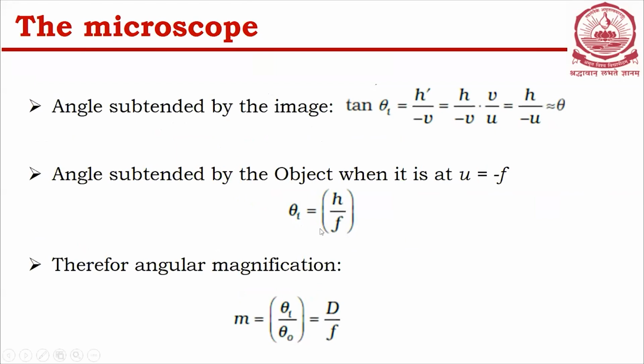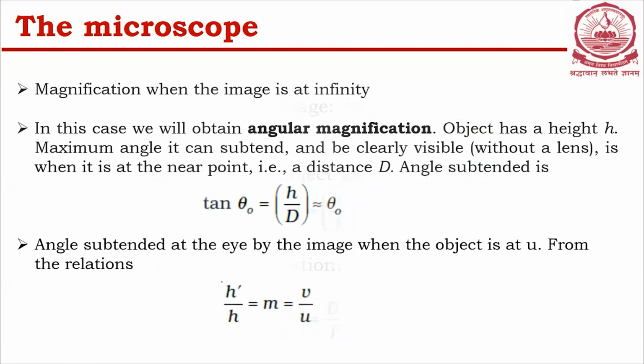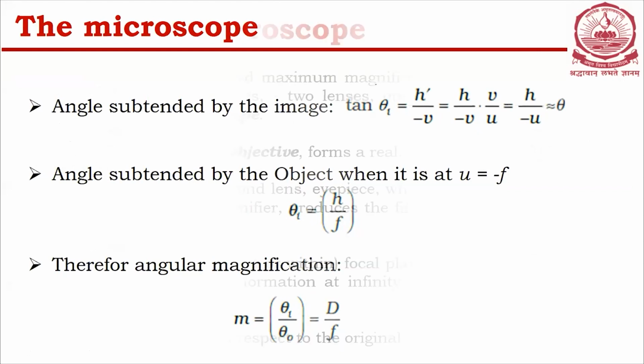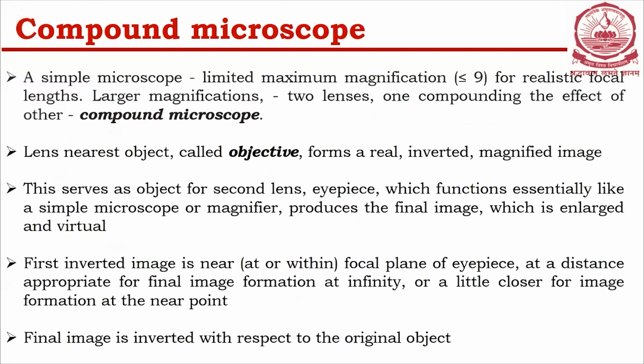Theta I is equal to h by f, and theta naught you know already from the previous page. From these two things you can find the angular magnification, d by f. So there are two magnifications: one is linear magnification, the other is angular magnification. With this idea, we will go for the compound microscope.